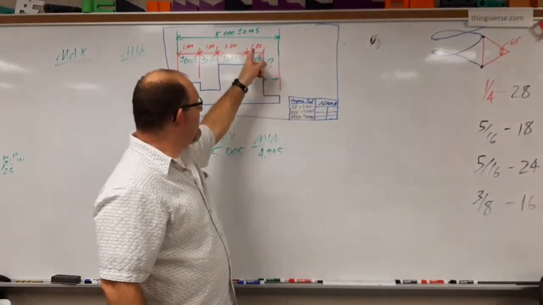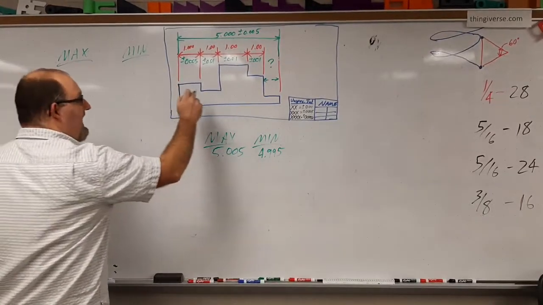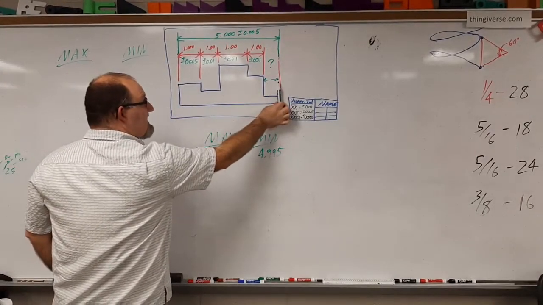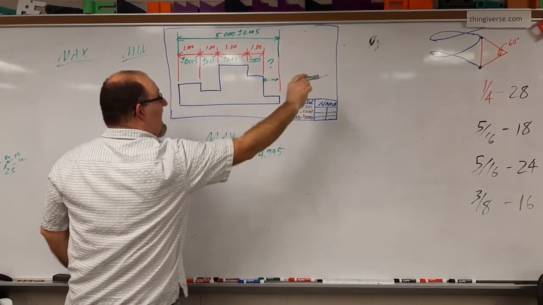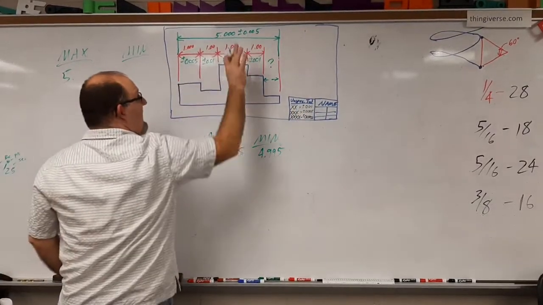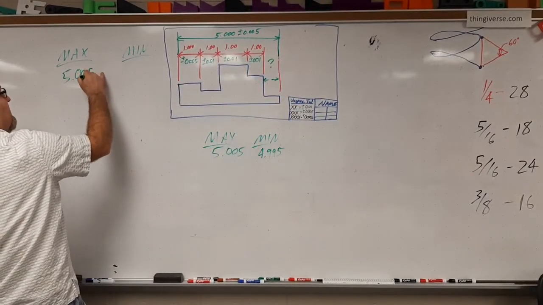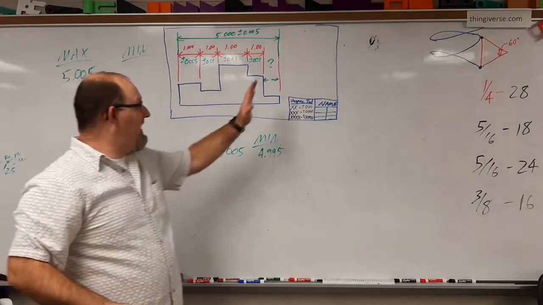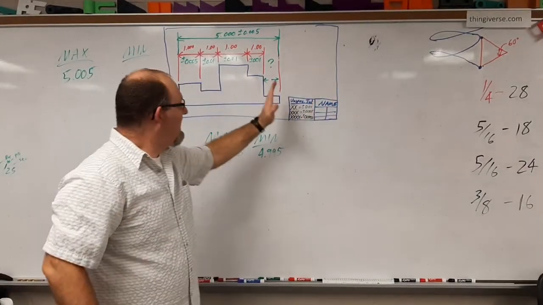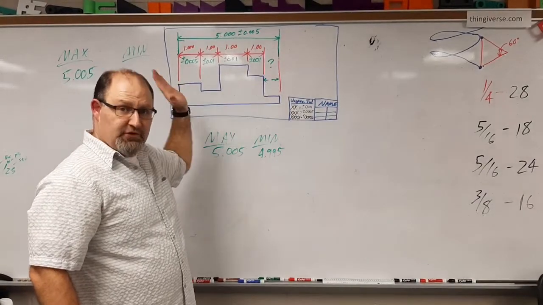So if we want to see the maximum of that area, here's how we calculate that. We want to take this edge and move it that way. So that's going to be 5 plus the 5/1000ths to move it out as far as we can go, which would be 5.005. So that's the maximum this edge can go over. Now we need to take the edge this way, the shortest it's going to go.